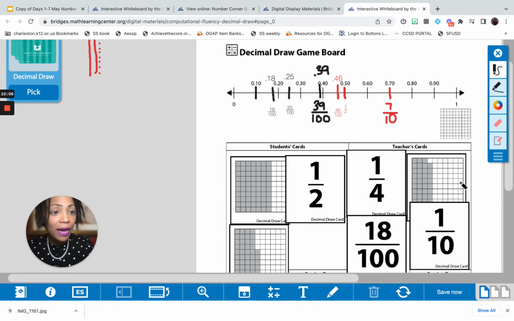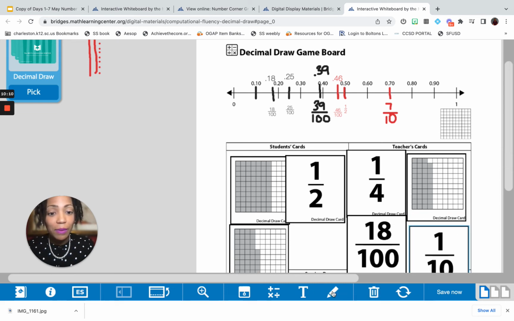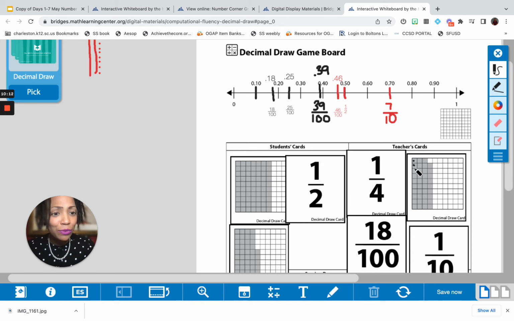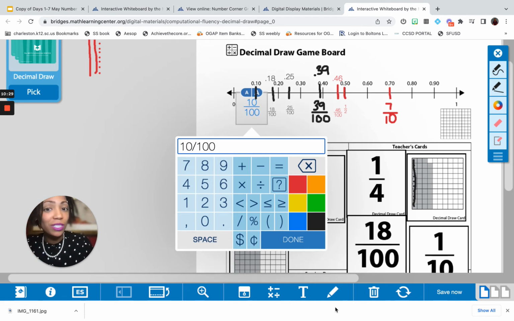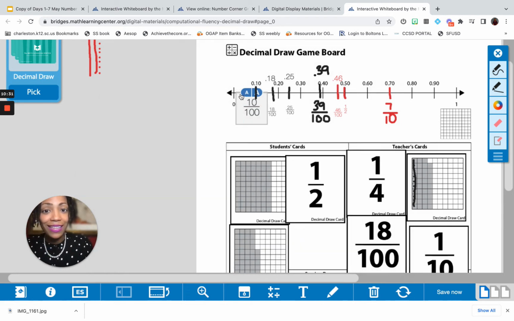Remember how I said you can count these individual pieces right here? So I had 1/10, which is 10 hundredths, or I can connect the dots and make a 10. Okay, so my fraction, I'm going to put 10 over 100 just so that you can see that it is the same thing as 1/10.